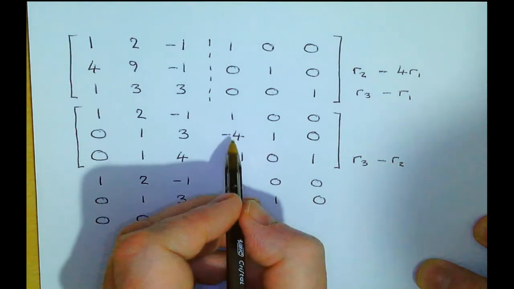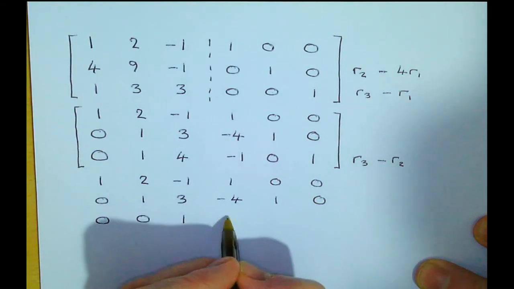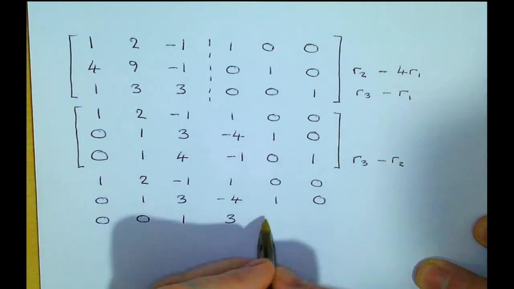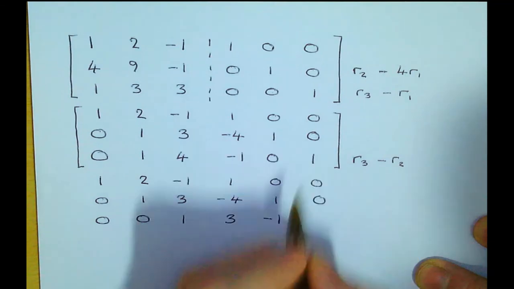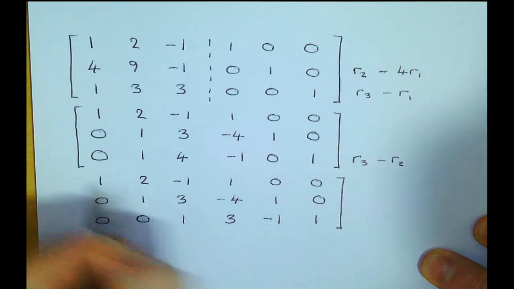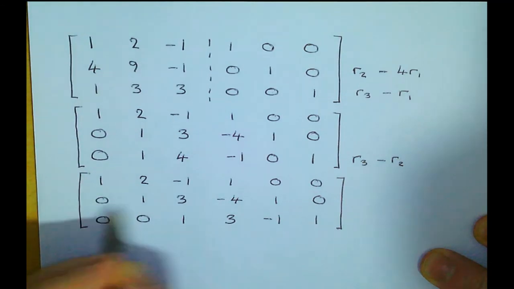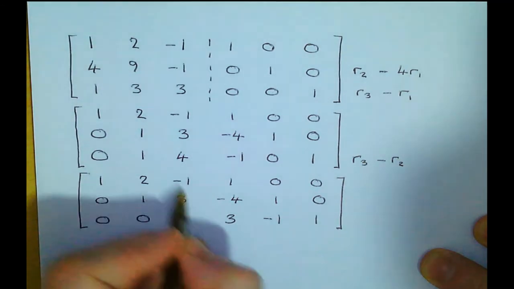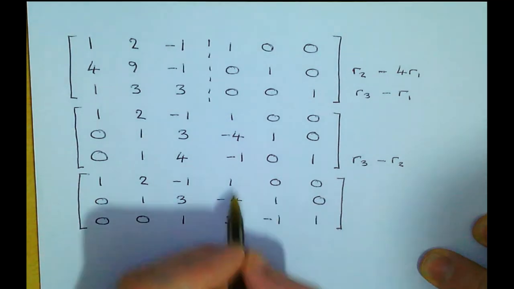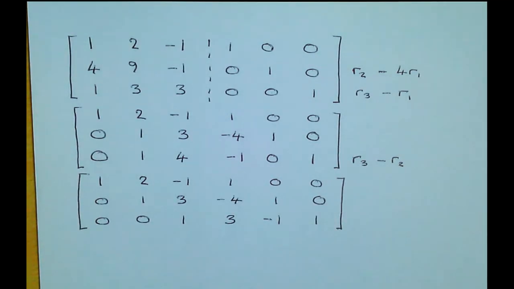Minus 1 minus minus 4. That becomes 3. 0 minus 1. 1 minus 0. On the left, we have an upper triangular matrix. On the right, we have a lower triangular matrix.